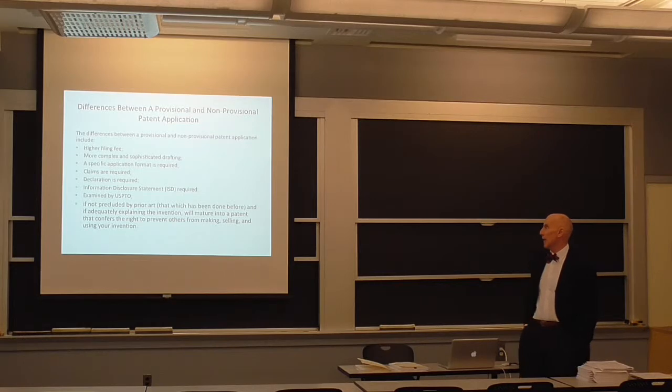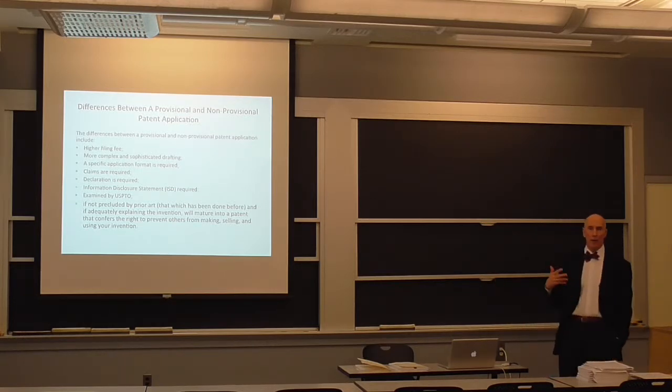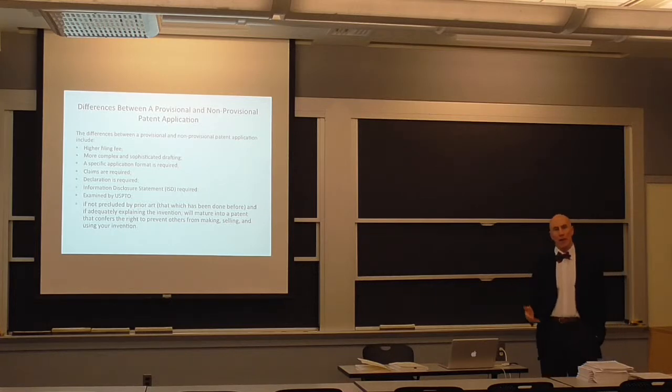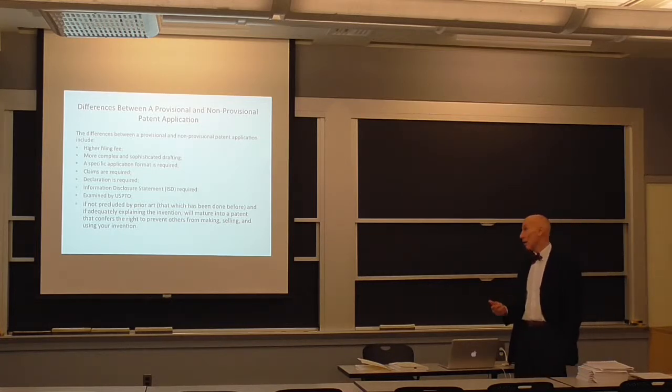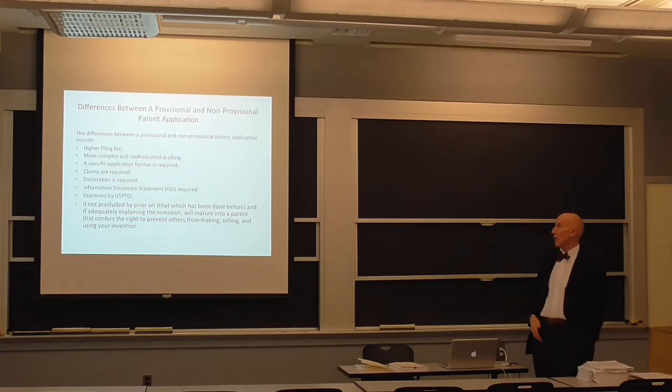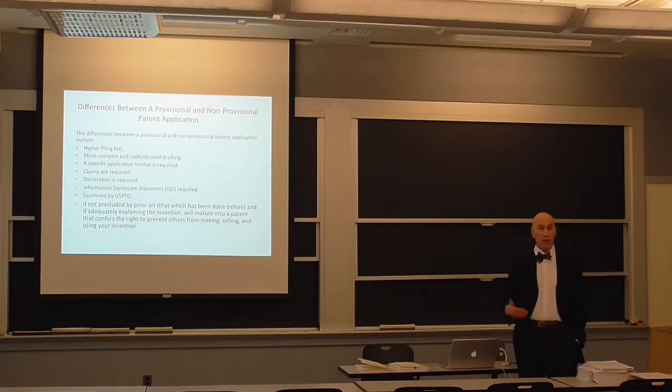A specific application format is required. Well, that's true, but as we went over yesterday, we cover most of those voluntarily, if you will, in our provisional patent application. The one thing that you have to have that is different is claims. Now, with the provisional patent application that we sent around yesterday, there was a whole section about objectives.